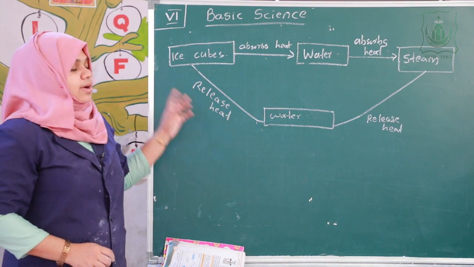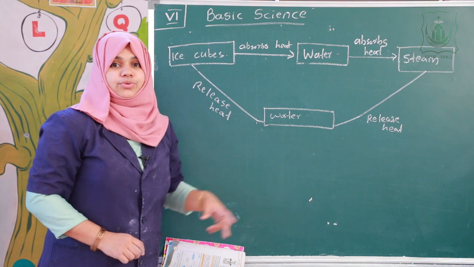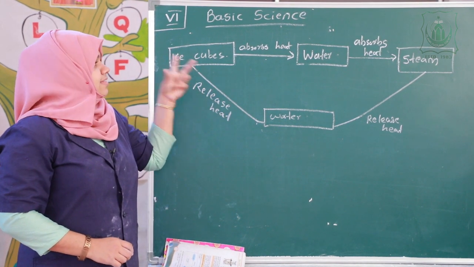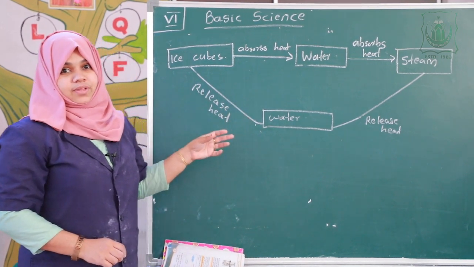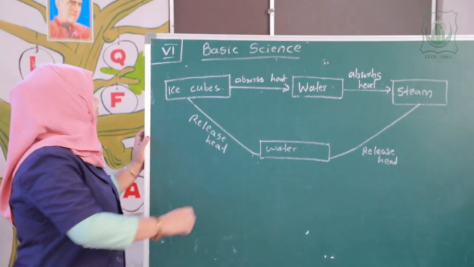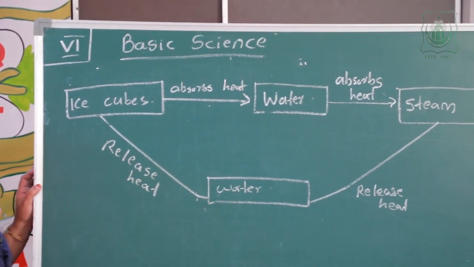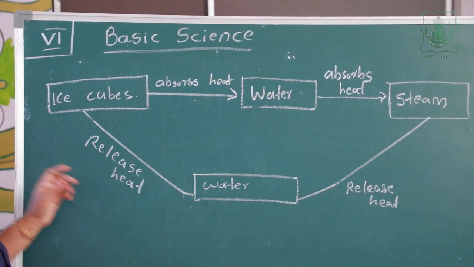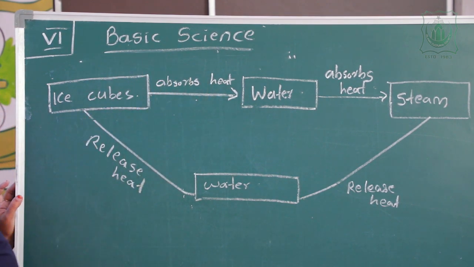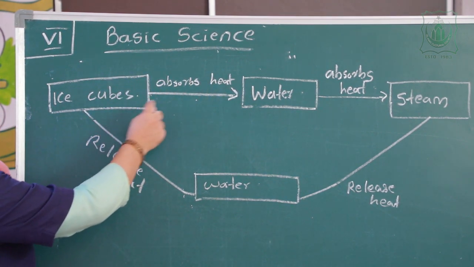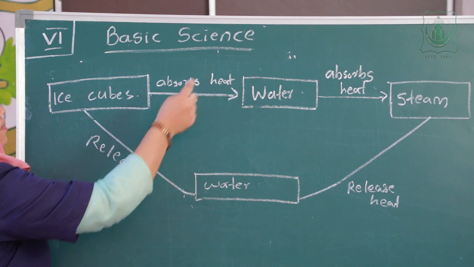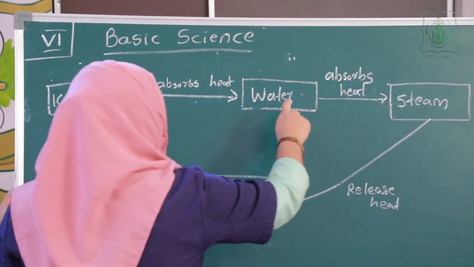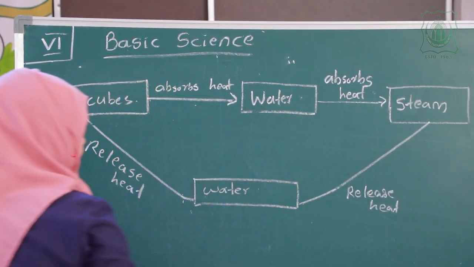This is a very important flow chart for you. You must study this. You must understand what this is. Okay, once again I will say: first one, ice cube. Ice cube changes into water when it absorbs heat energy. Then this water changes into steam while absorbing heat.